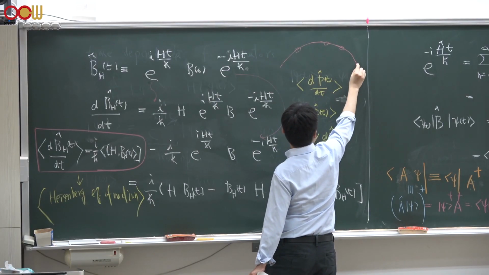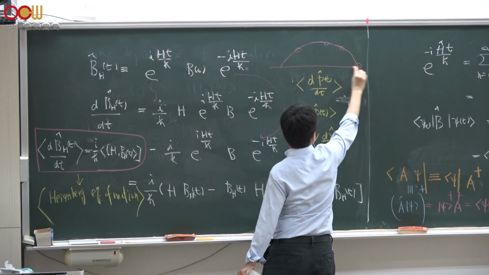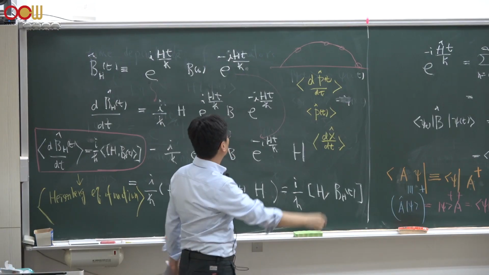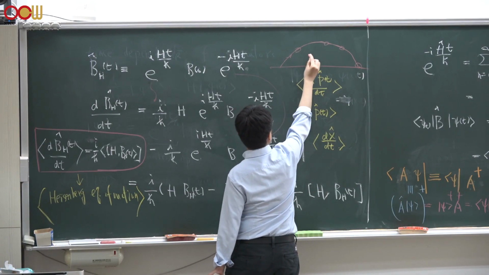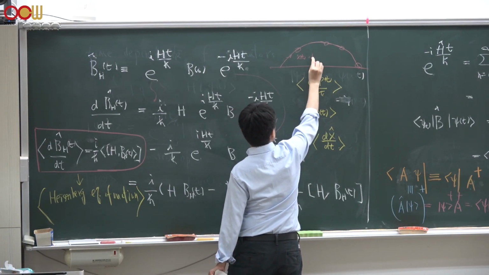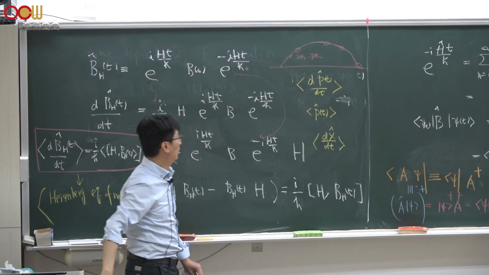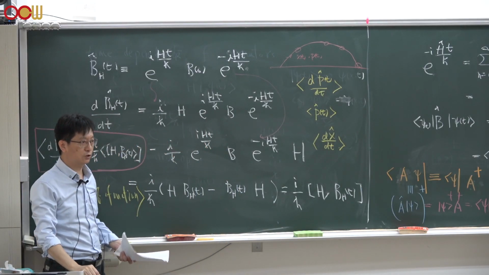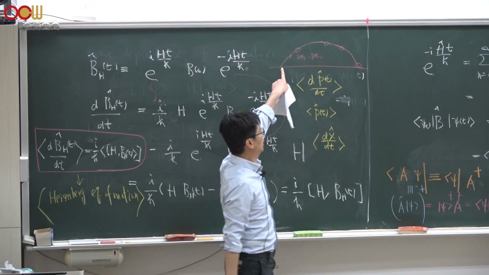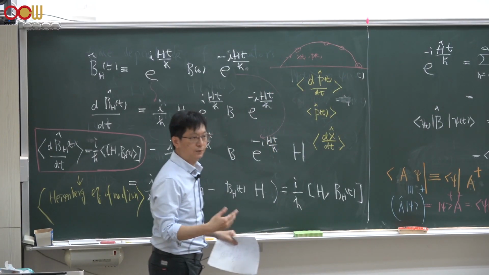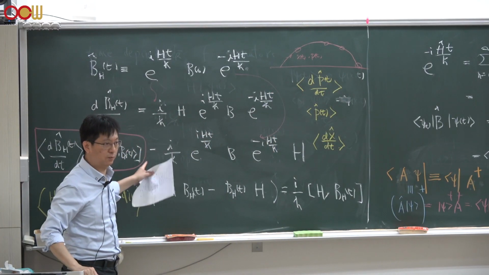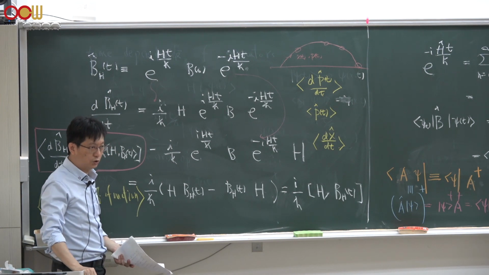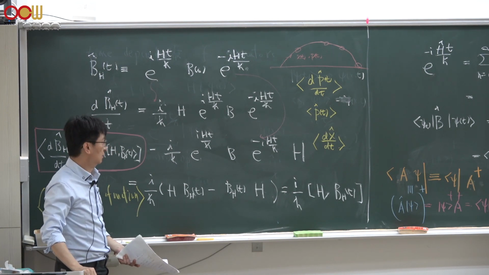in the air, and then finally it hits the ground. Okay, so this is the trajectory as a function of time of a classical ball, right? So you solve Newton's equation of motion for the classical object as a function of time, but quantum mechanically, this is the corresponding Newton's equation of motion for a quantum object.